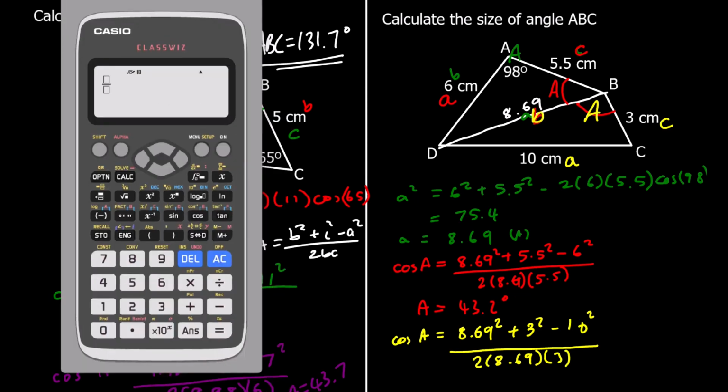So that is alpha A squared plus 3 squared minus 10 squared over 2 times alpha A times 3, which is negative 0.298 and so on. Shift cos, 107.4.